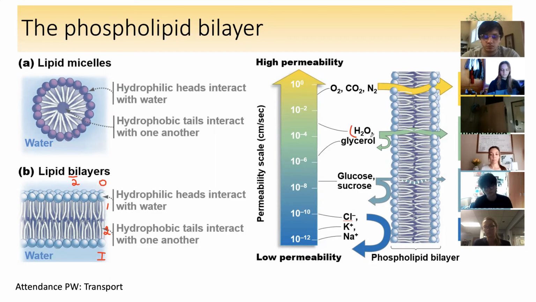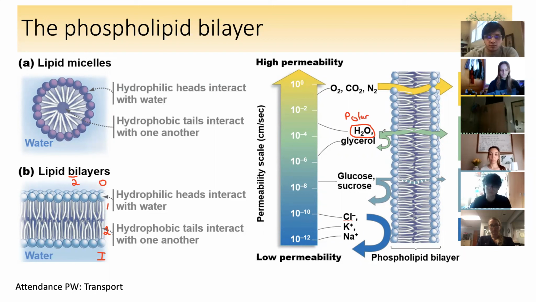Water's a tricky little thing, okay? So water, we know, is a polar molecule, right? But it's also pretty small if you look at just an individual water molecule. So even though it's polar, very small amounts of water are able to get through the membrane without any specific protein carriers.